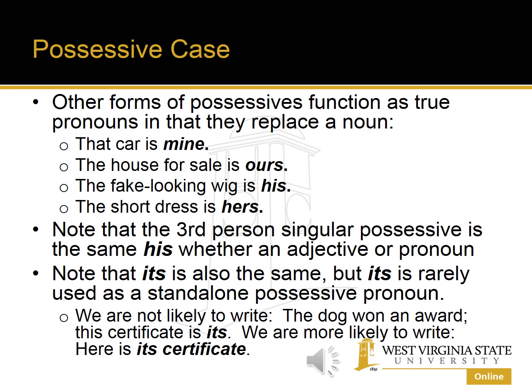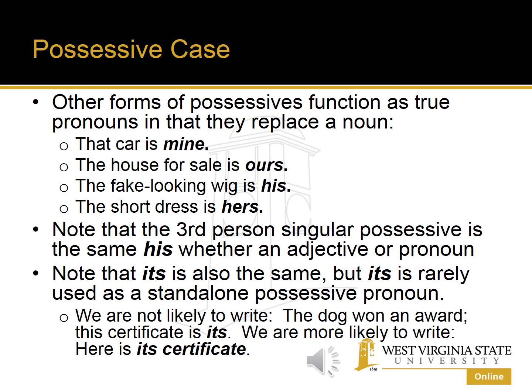The fake looking wig is his. Here's an example where the form does not change. It's his as an adjective and it's his as a pure pronoun. Unlike the feminine, however: the short dress is hers.